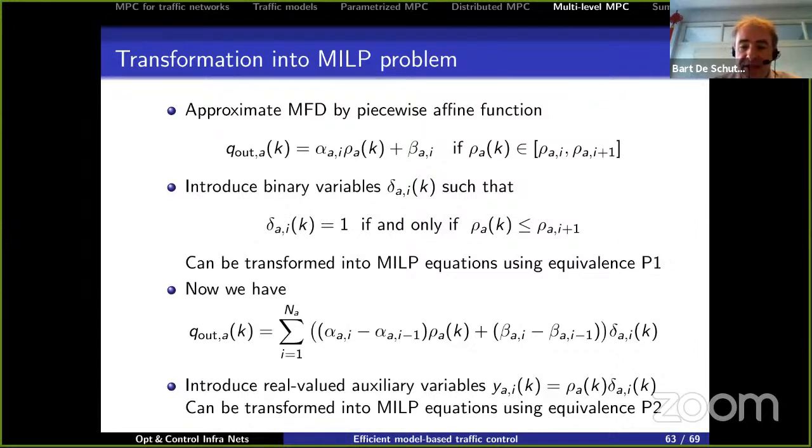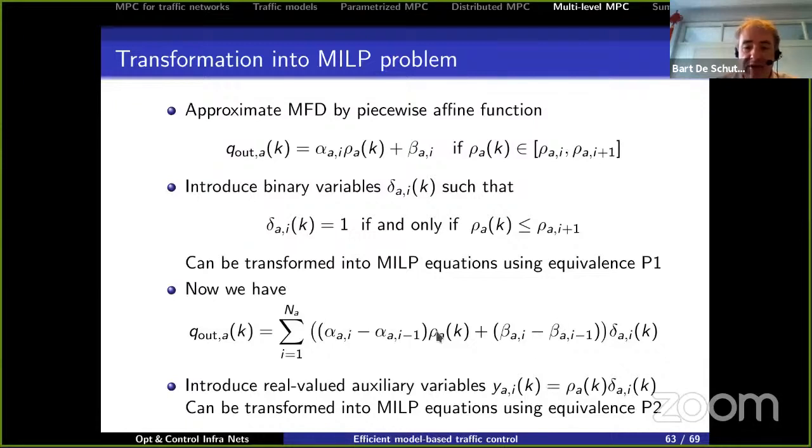And if we do this, then we can actually capture the whole piecewise affine function by making use of the binary variables into one global linear expression. Because in every region, one extra delta value will become equal to 1.